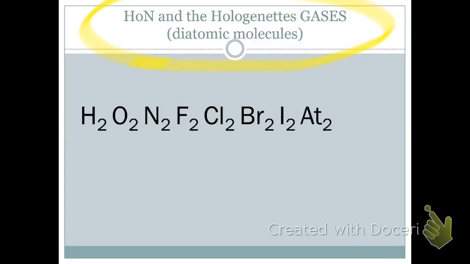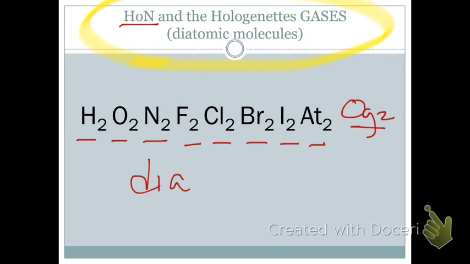And that is hydrogen, oxygen, and nitrogen. There's your Han. And then you have your halogens: fluorine, chlorine, bromine, iodine, astatine, and the new one, of course, which is oganesson. Those are all considered to be your halogenettes. Han and the halogenettes are what we call the diatomic molecules, and this should just be review for you.